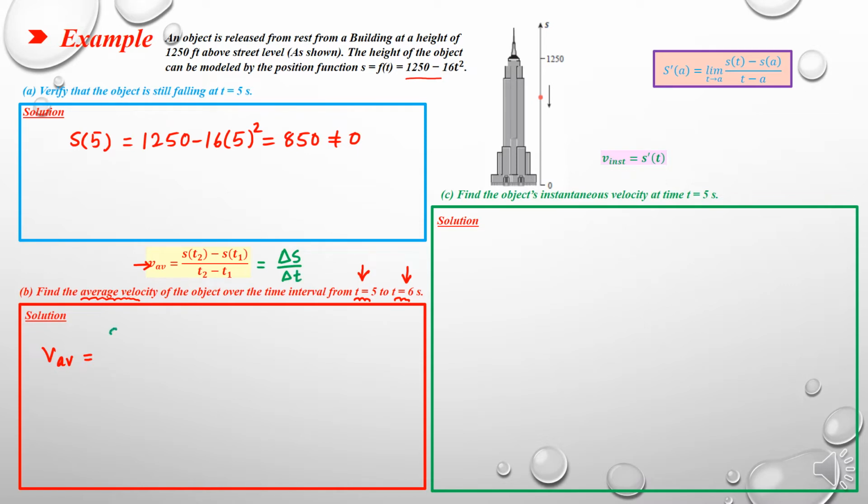So you have to find s of the second time, s of 6 minus s of 5, divided by 6 minus 5, because we have an interval of time from 5 to 6 in our question. The denominator equals 1.